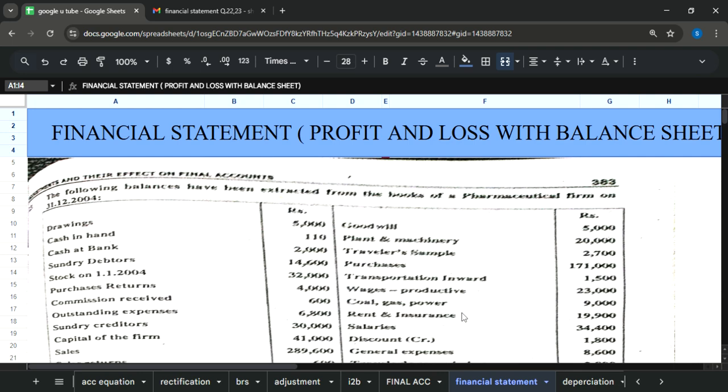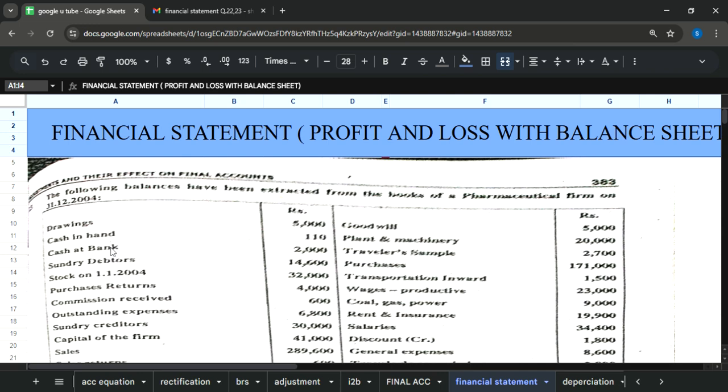So, my dear students, please note it down that you will have to be very careful about this sort of question. Why? Because assets, liabilities, expenses, and incomes are all mixed. It may be possible this side was previously considered debit, so assets and expenses were supposed to be present over here.